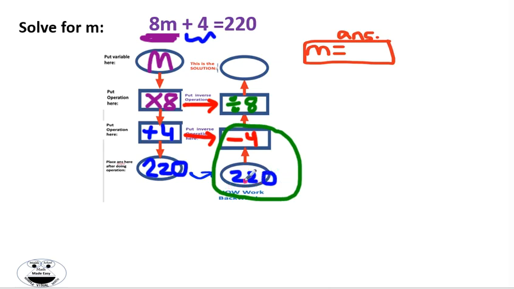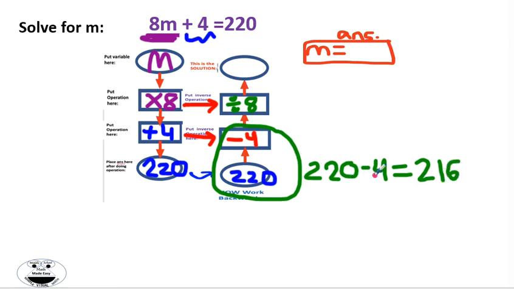We're going to start from the bottom, and we're going to put into the calculator, or do it on your own, 220 minus 4. And you might want to write the answer down here, because sometimes if you put it straight into the calculator in one step, the calculator might do it in the wrong order. The more sophisticated calculators will do the division first, because PEMDAS says do division first.